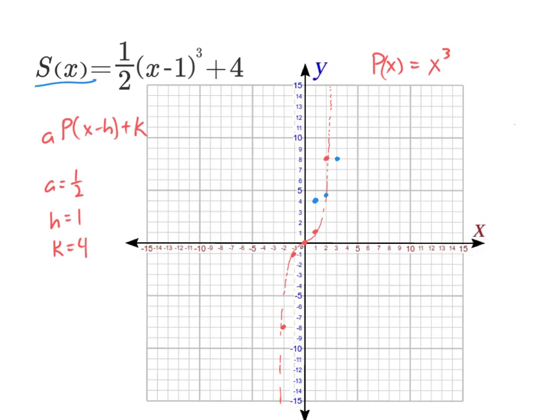Then when I go 3 over from my inflection point, 1, 2, 3, I usually go up 27, but half of 27 is 13 and a half. So I'm actually going to go up 13. 1, 2, 3, 4, 5, 6, 7, 8, 9, 10, 11, 12, 13 and a half. So it's going to be somewhere around here. And then we're going to do the same thing on this side. 1, 2, 3, 4.